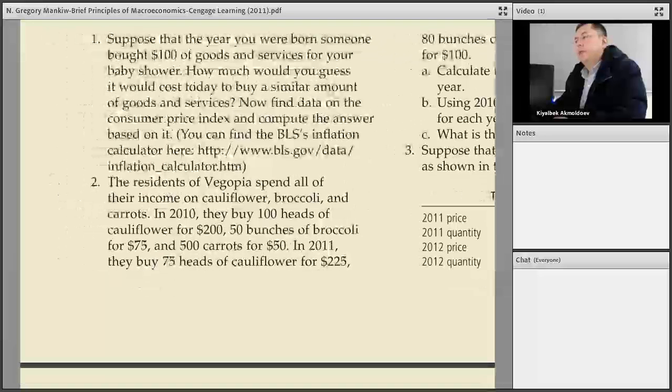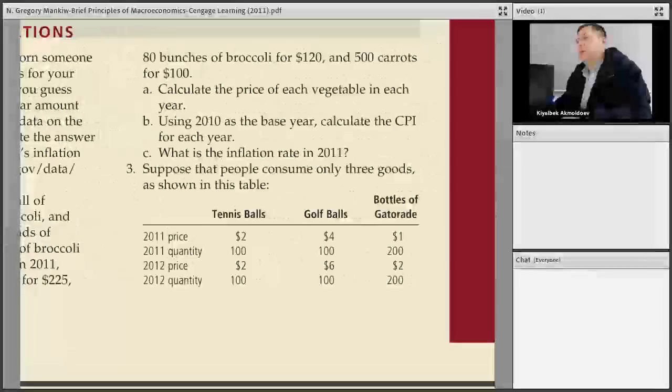Can I copy this one? Fortunately, I can't.